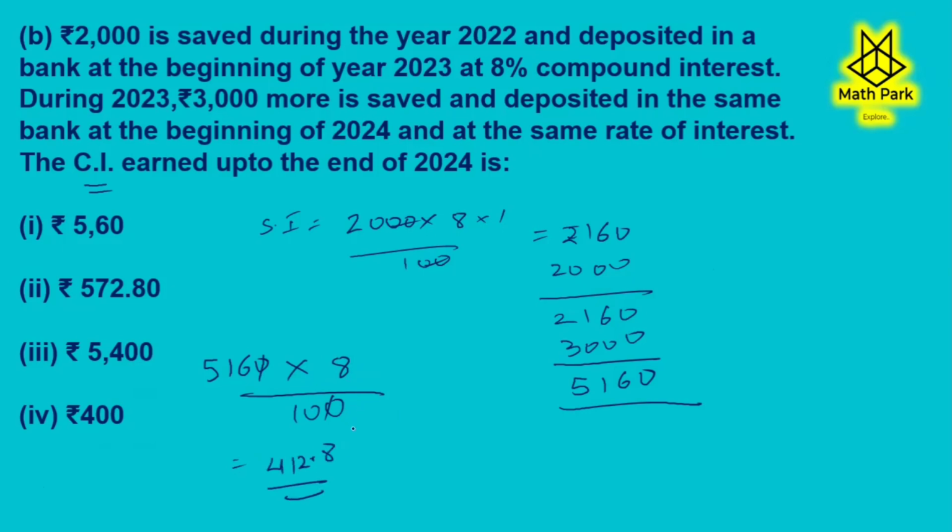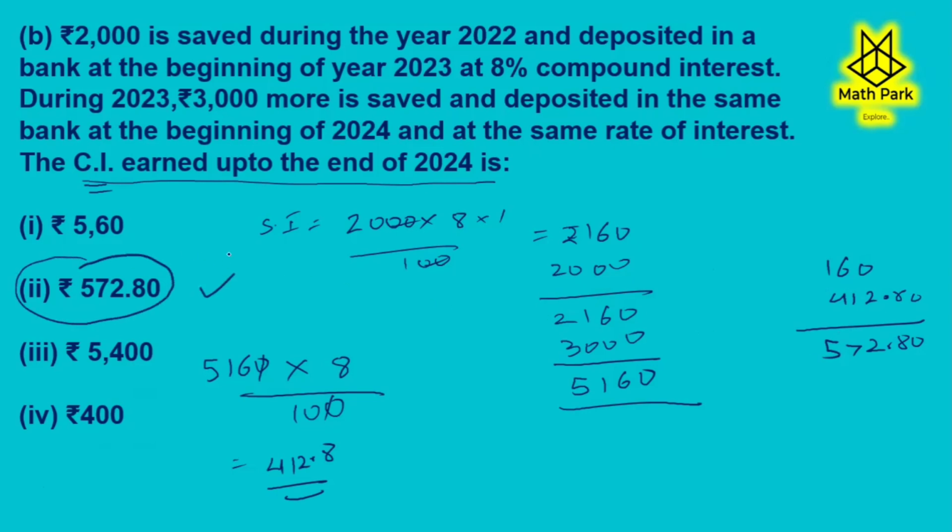So this was for the second year. And for the first year it was 160. So the compound interest earned up to the end of 2024 is 160 plus 412.80, which is rupees 572 and 80 paise.